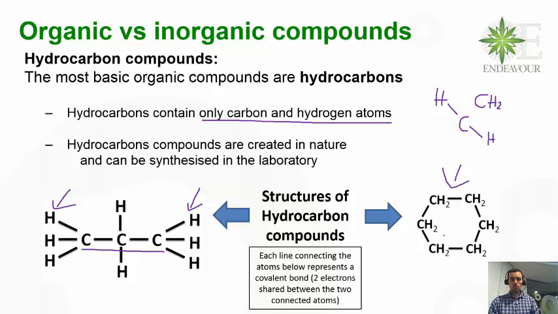So that's another difference between these two structures, because all of the carbons in the ring structure are CH2s, whereas in the straight chain structure, some of those carbons are actually bonded to three hydrogens, and some, or one, is bonded to two hydrogens. So another distinction that we'll look into in a little bit more detail later on.